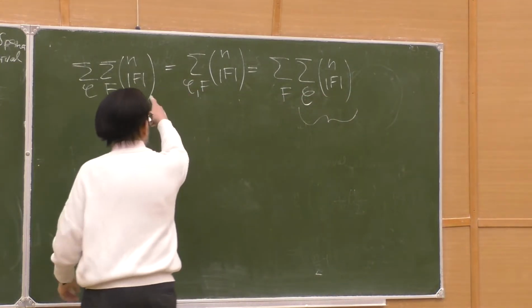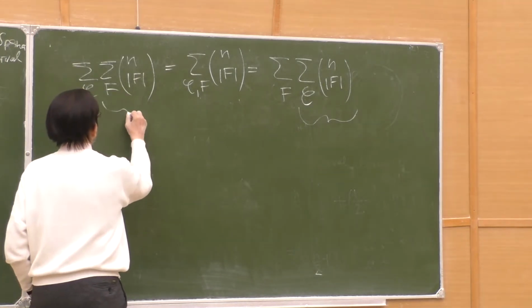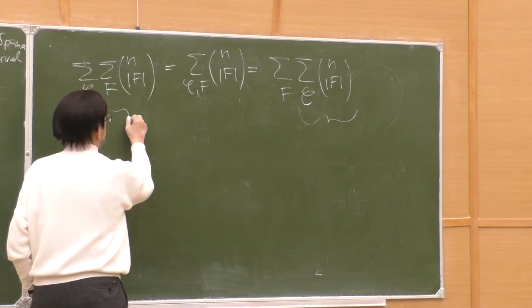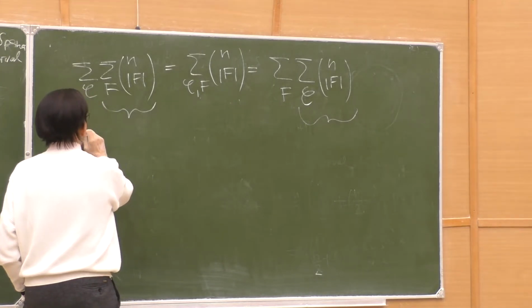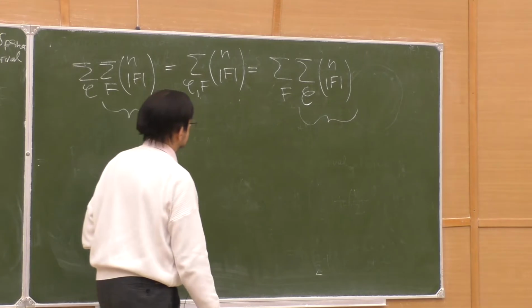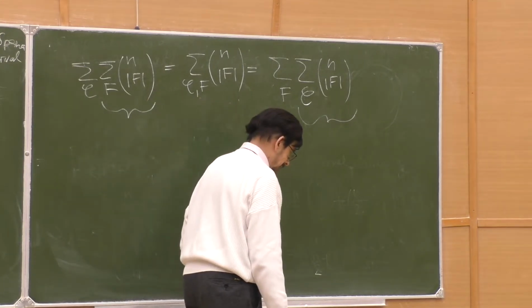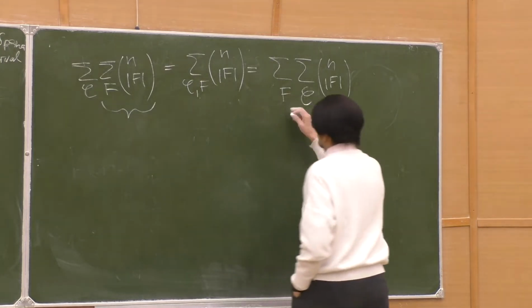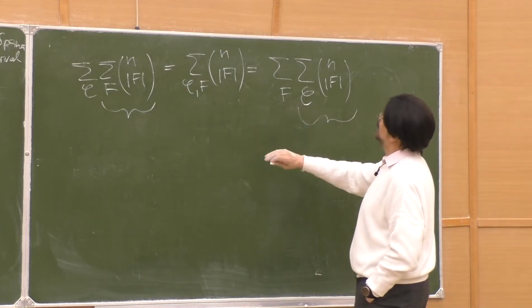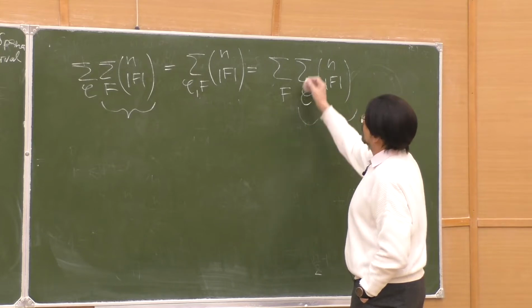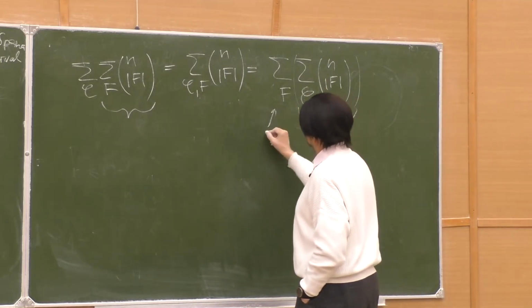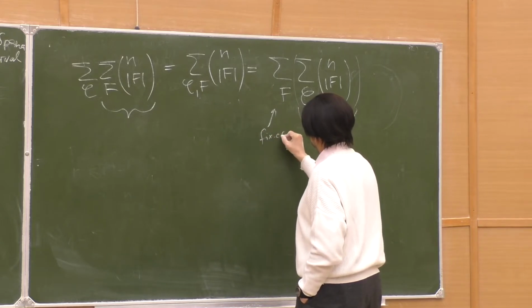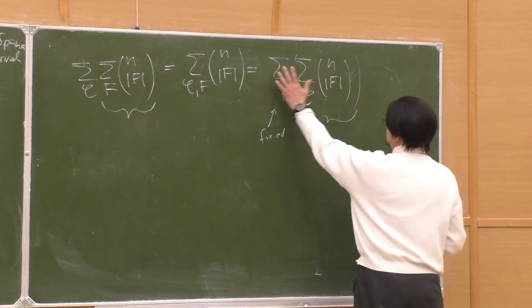No, I better start with this. I'm sorry. Yeah, this is the one. Okay. Sorry. So first we think that F is fixed. And then take this sum.